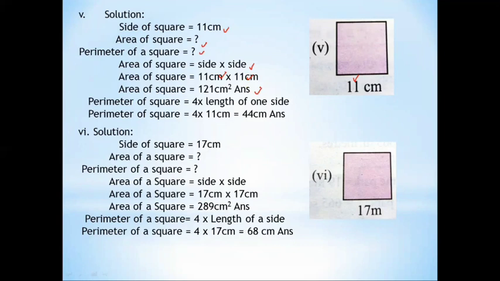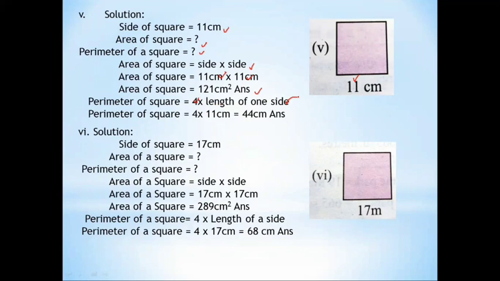Now, we have to find the perimeter of a square. First of all, we will write the formula. The perimeter of the square has 4 sides, so we will write here 4. Then the measurement of one side is equal to 11.